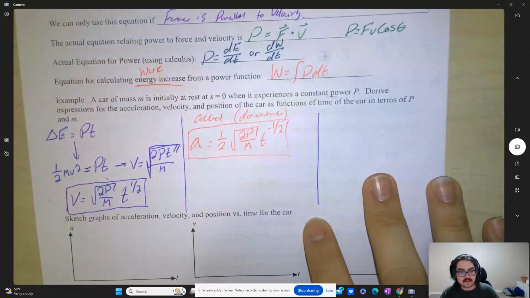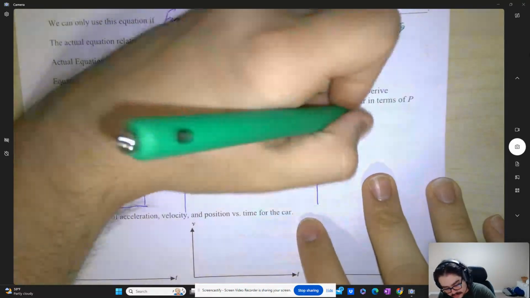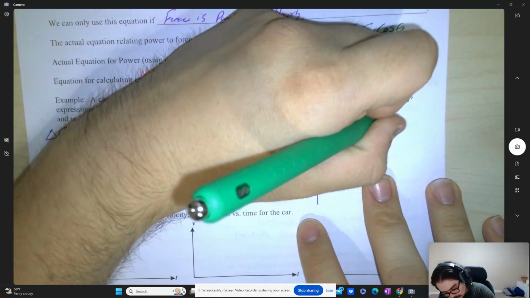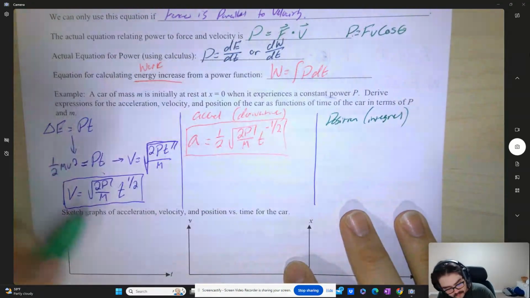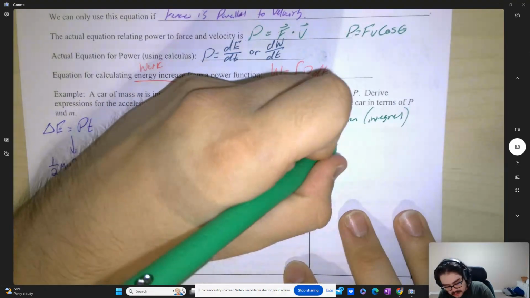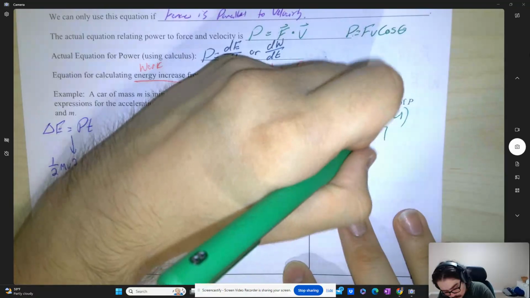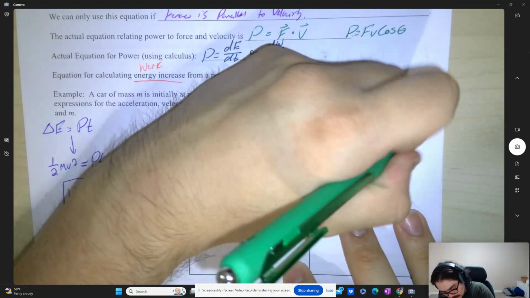That's the derivative of that. What about the integral? If to get the position I do the integral, well, to get the integral I just have to do the reverse power rule. You should end up getting 2/3 root 2p over m times t to the 3/2.